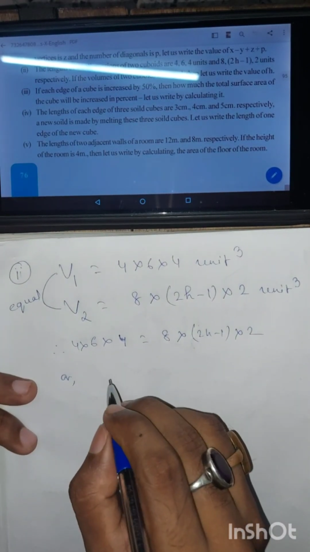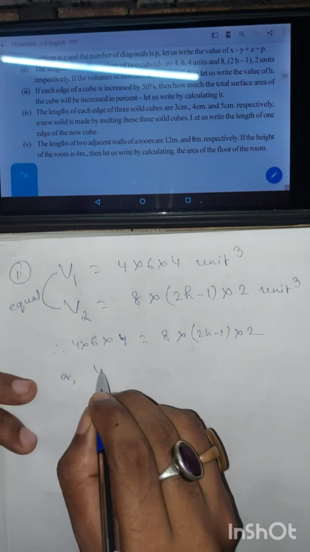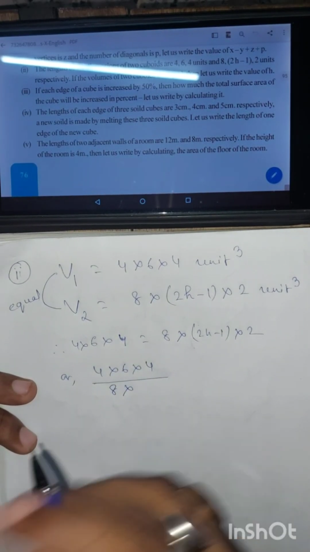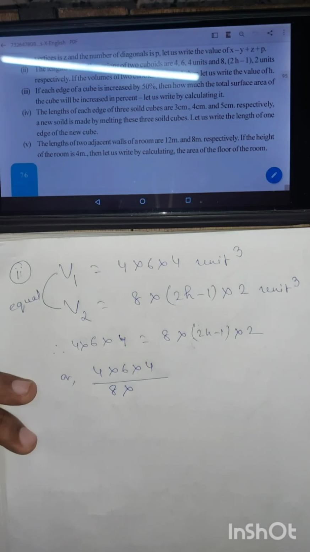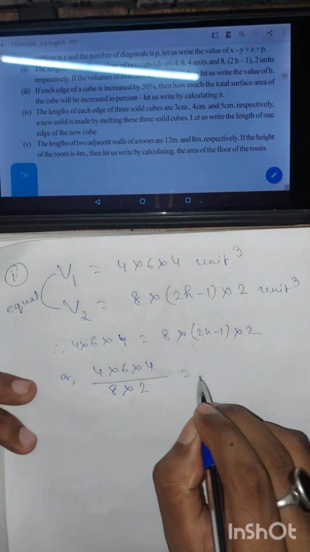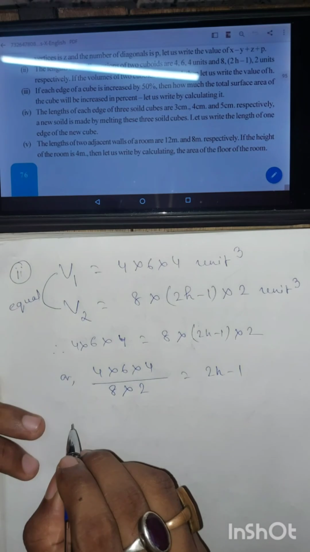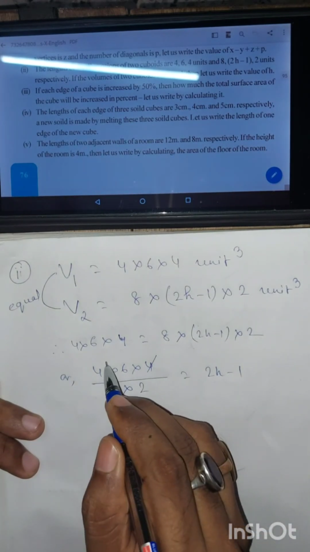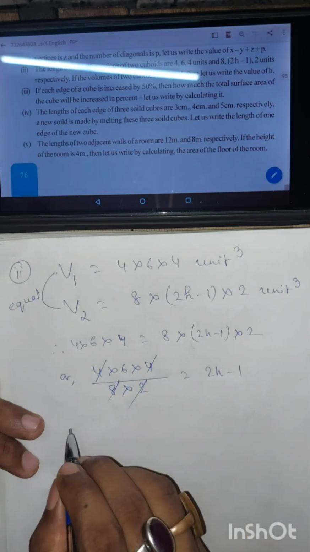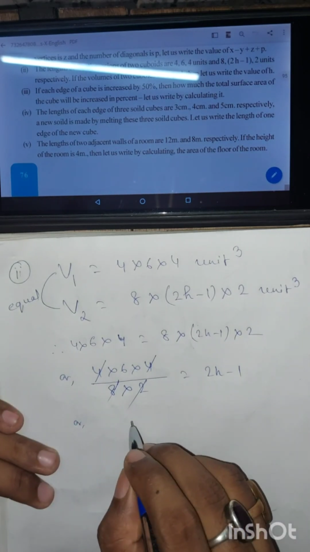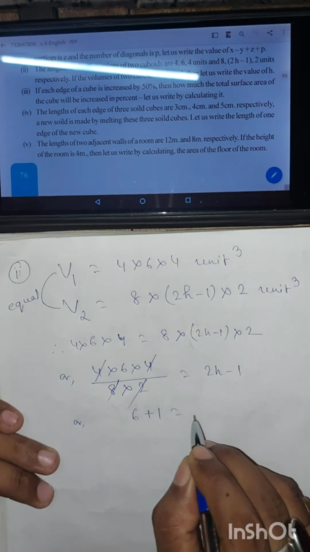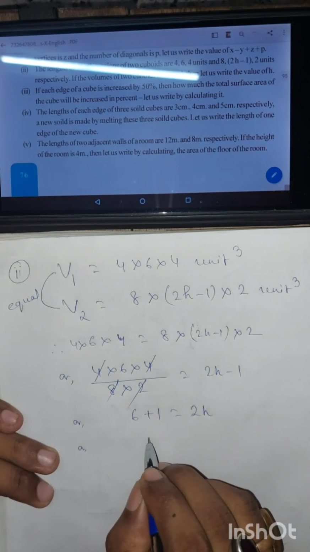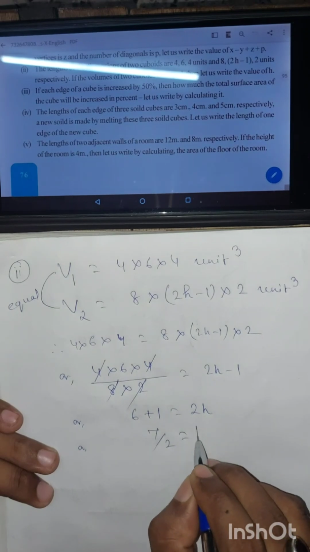So 4 fours are 16, 8 twos are 16. Now 6 plus 1, 7, equal to 2h, and 7 by 2 equal to h.